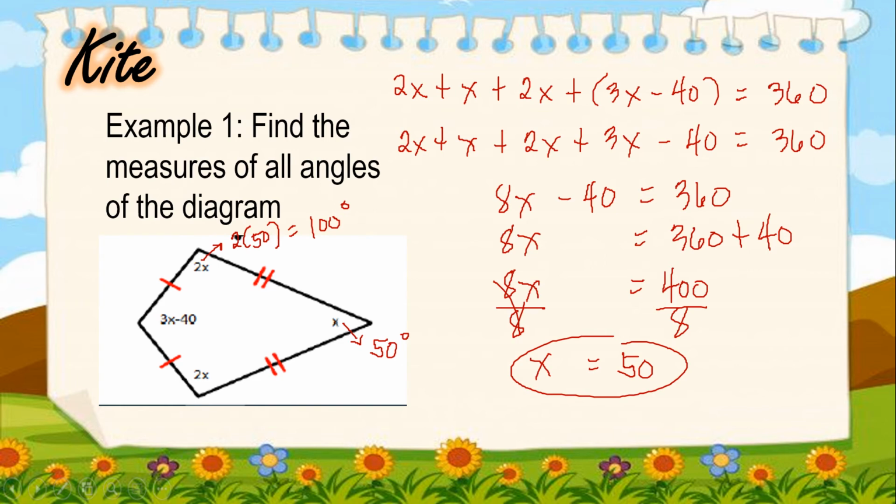Same with its opposite angle, this also measures 100 degrees. And then, for this angle, we have 3x minus 40. Substitute 50 to x. So we have 3 times 50 minus 40. 3 times 50 is 150 minus 40, 110 degrees. So we have now found the measures of all the angles of the given diagram.